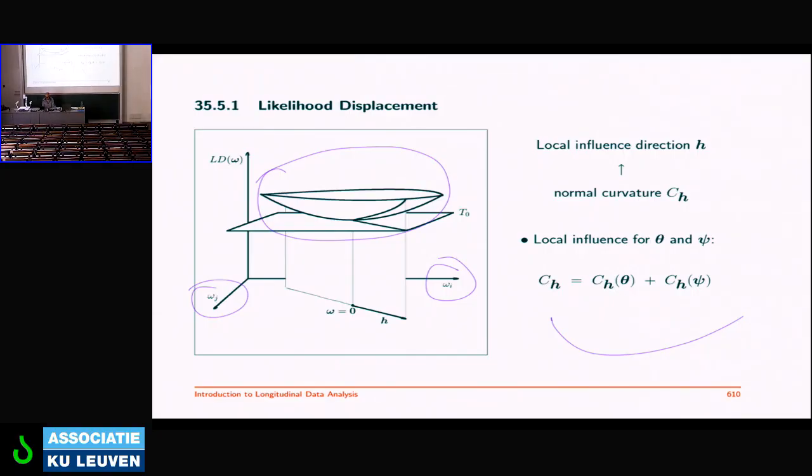Okay, now, so that normal curvature can actually be split further into a contribution for the milk parameters and a contribution for the mastitis parameters. And of course, you get the concept that some of the technical details of how you go from one step to the other are actually fairly elaborate.